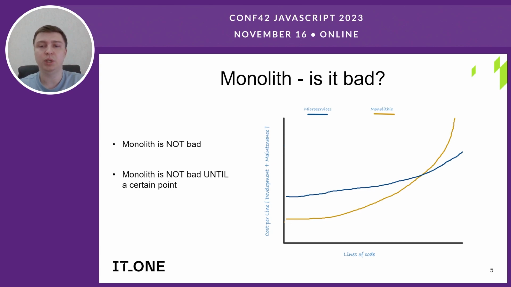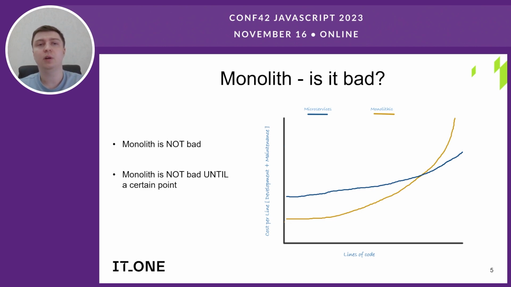However, as the project grows, the cost increases only gradually. This is because with microservices we can isolate problems, scale services independently, and deploy them separately. So complexity doesn't increase dramatically.